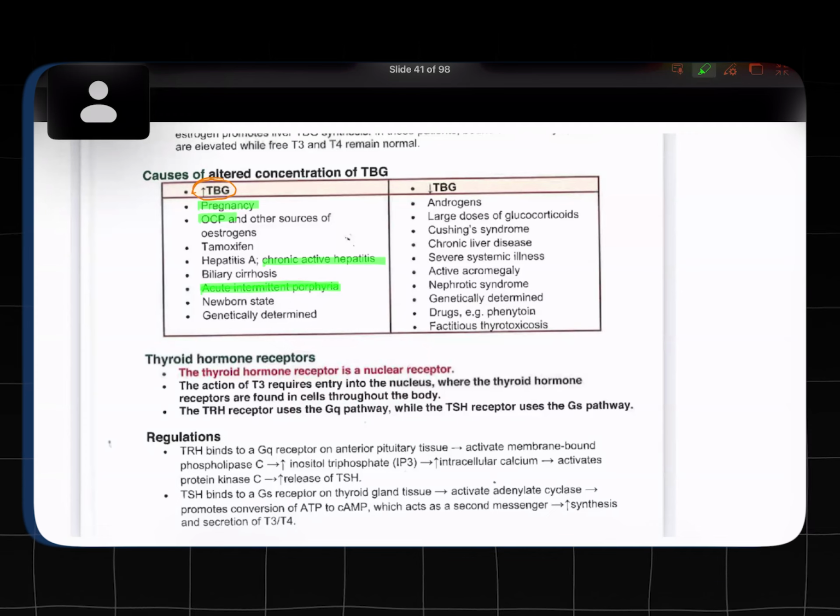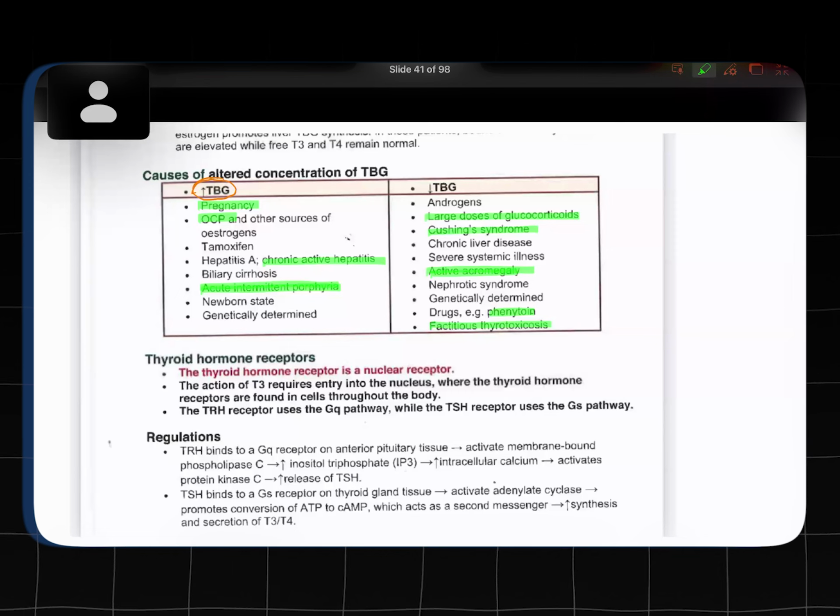Now thyroid binding globulin can also decrease in acromegaly, large dose glucocorticoids, Cushing's, factitious thyrotoxicosis and phenytoin. These are the ones they have asked in the exam. Try to remember if possible. I know it's difficult to remember the causes of raised and decreased TBG.